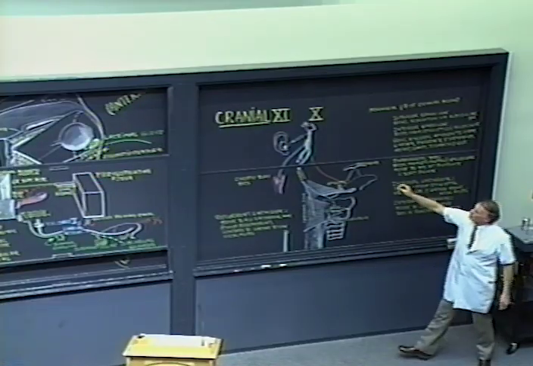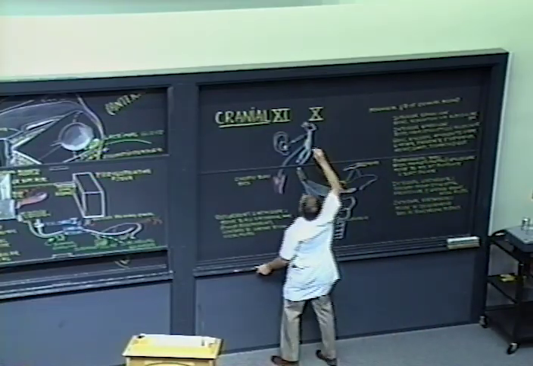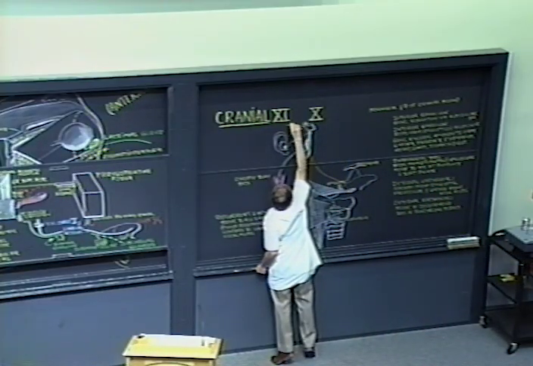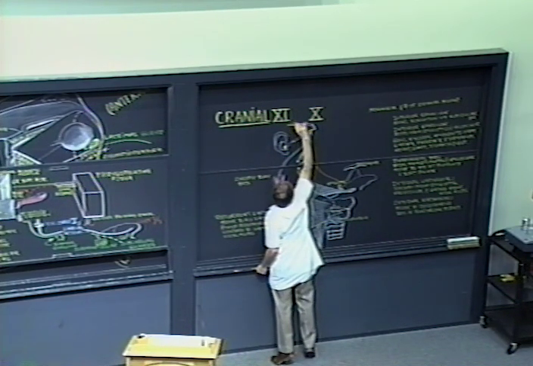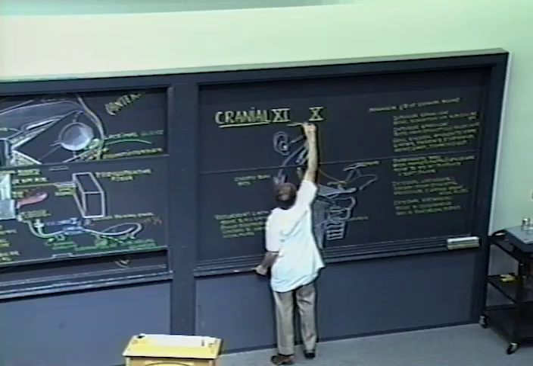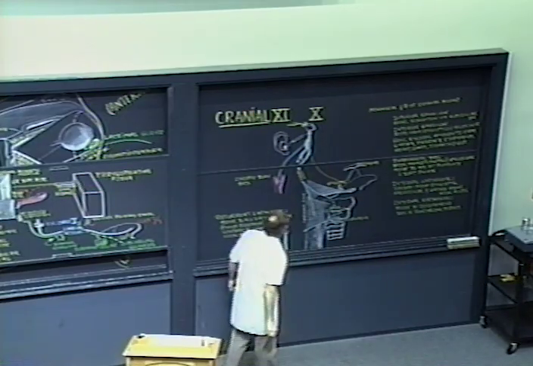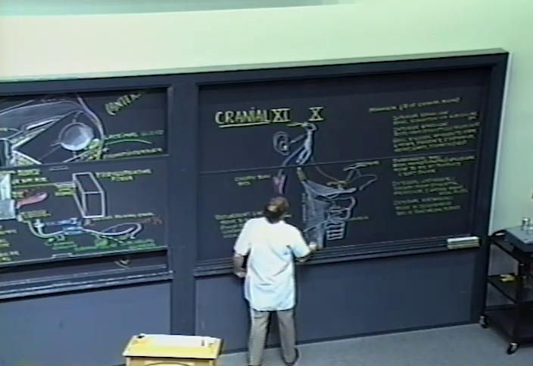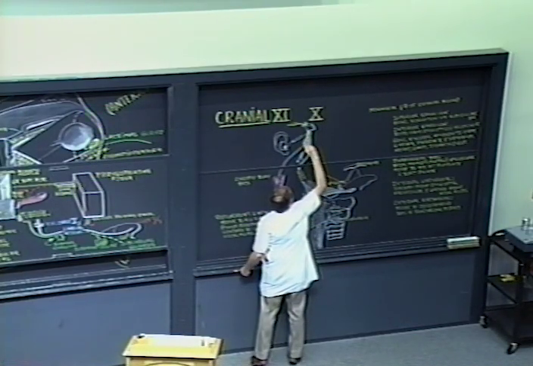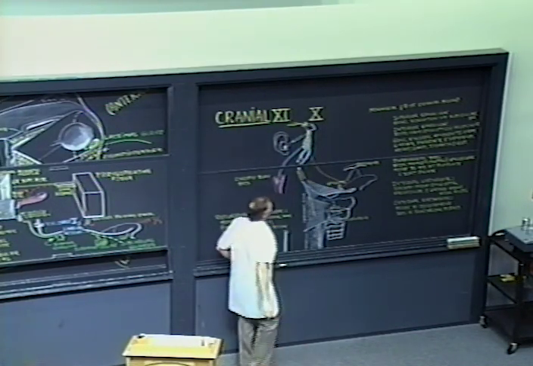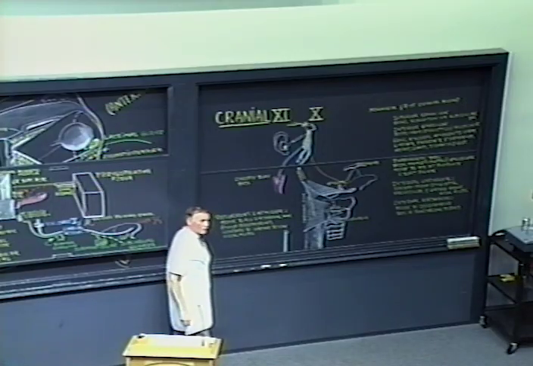Cranial 11 is from rootlets behind the origin of the vagus, but it joins the vagus. And these are motor fibers that are represented in branches of the vagus.